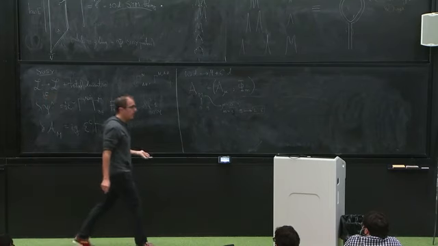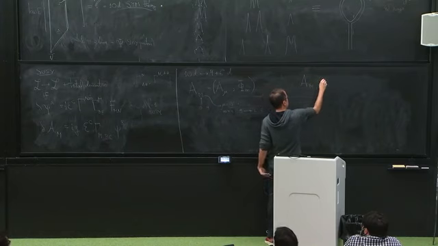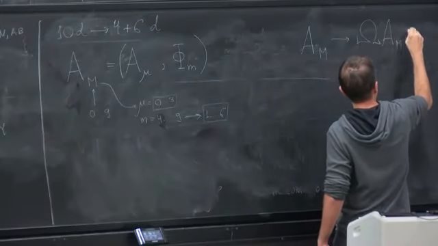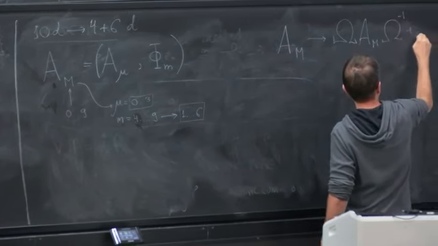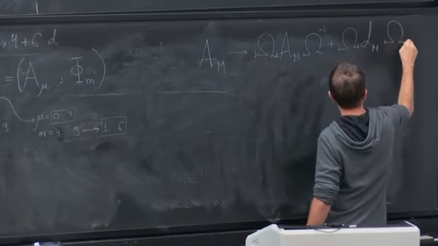Remember that under a gauge transformation, A_M transforms as ω A_M ω^-1 plus ω ∂_M of ω^-1.